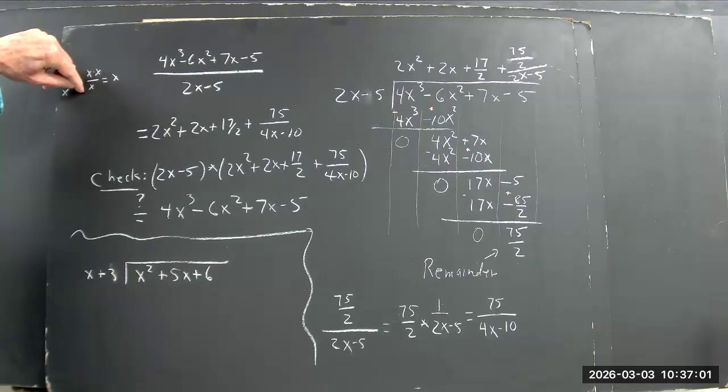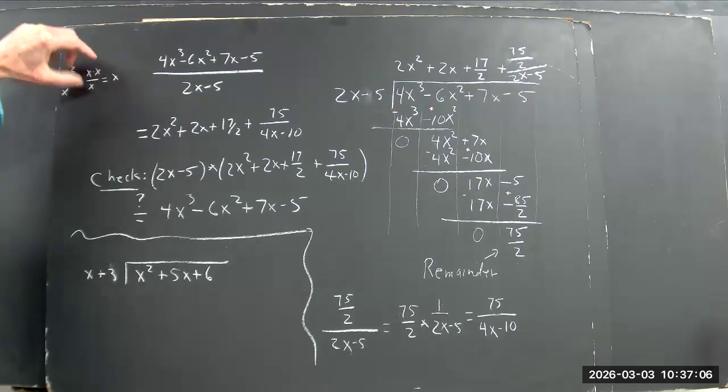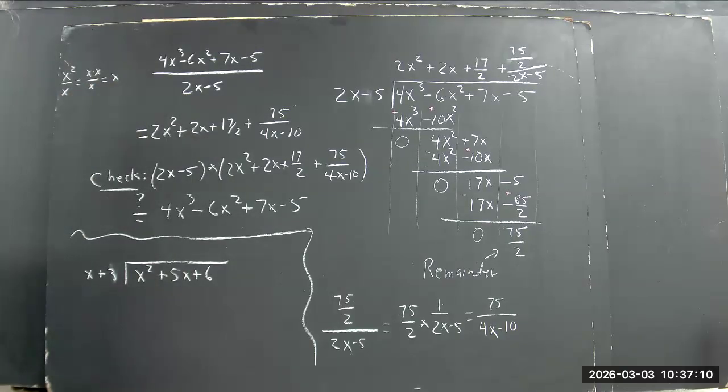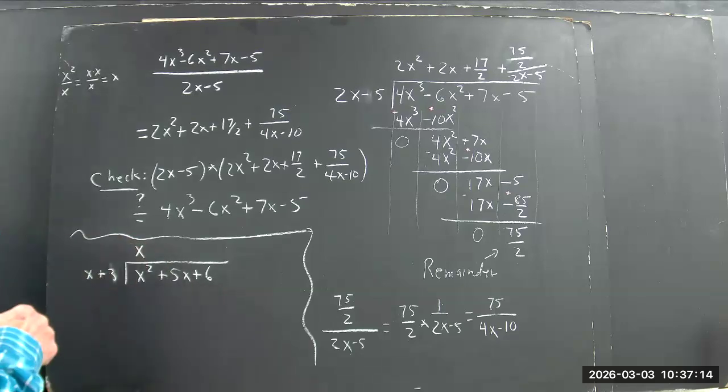You divide this factor of the denominator into the like factor of the numerator. Well, that takes care of one of the x's in the numerator, but you still got an x. Okay, so x goes into x squared x times.